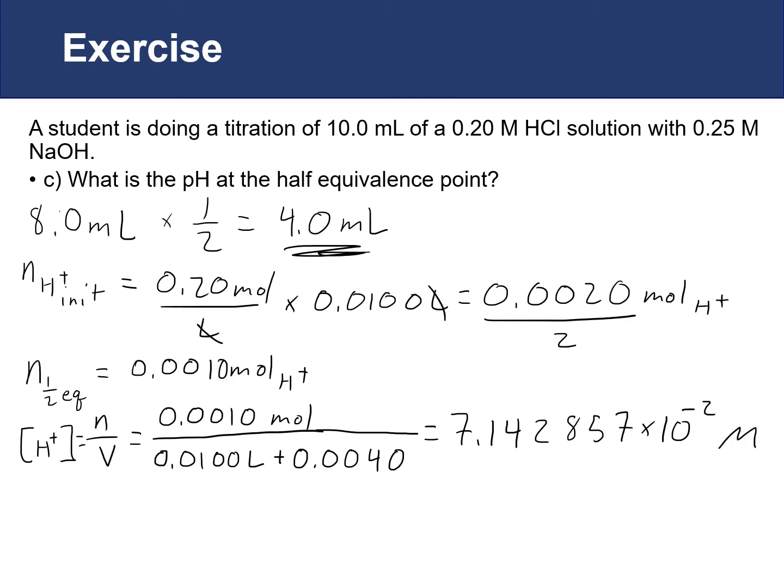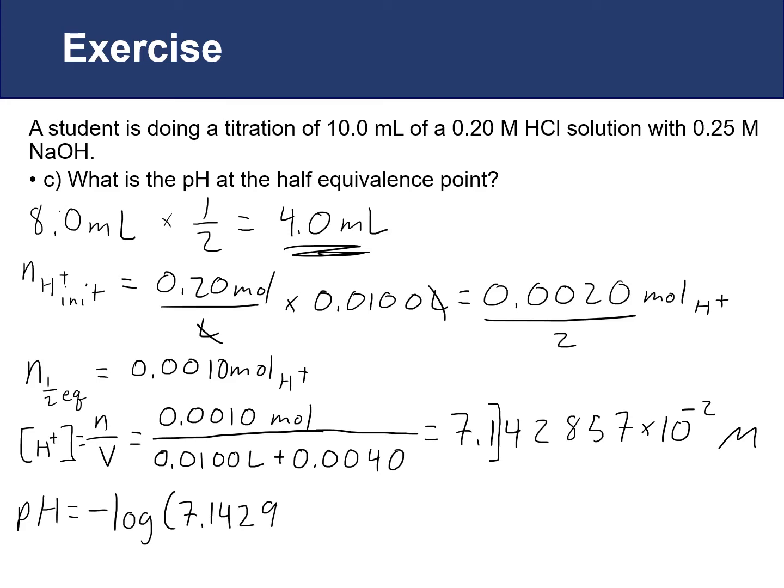Now, the pH is equal to the negative log of that value. In terms of significant figures, we would have 2, so our value is going to have 2 significant figures. Our pH would be equal to the negative log of our H plus concentration, so the negative log of 7.1429.